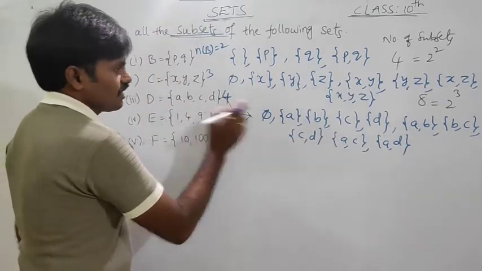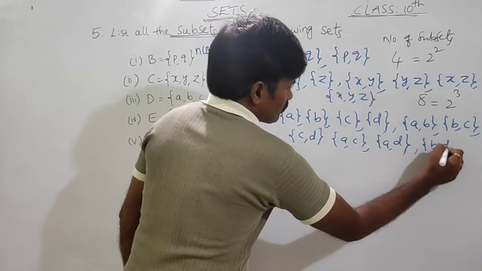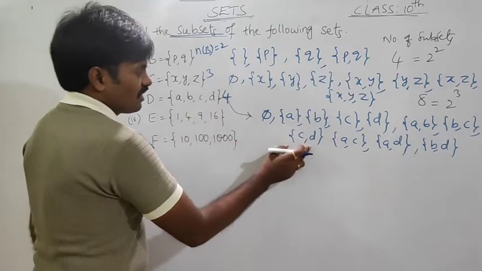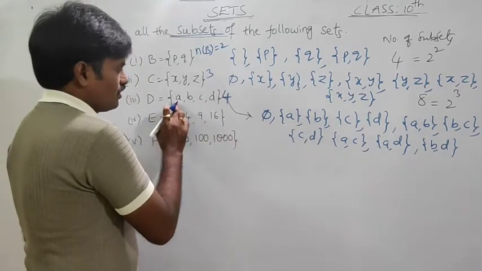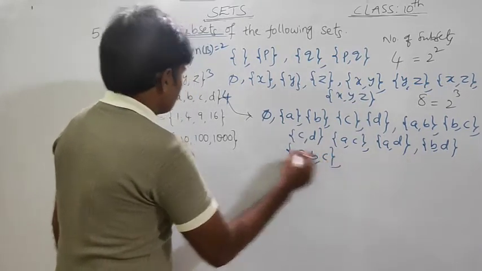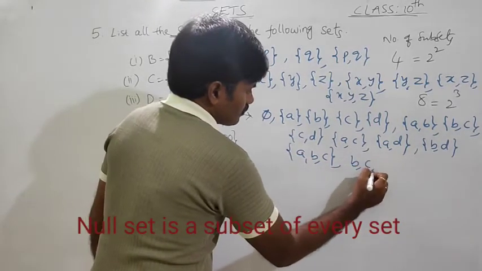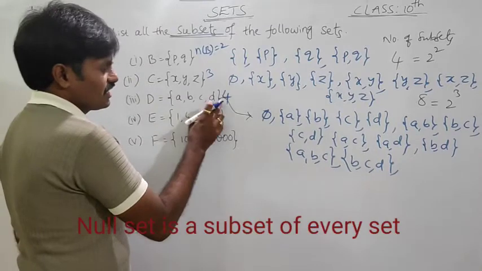Now B, BC we have already written. BD completed. B with B completed. Now CD, CD we have already written. Don't touch. Now 3 at a time you have to take. Start from A. ABC. Start from B. BCD. Next start from C. CDA.